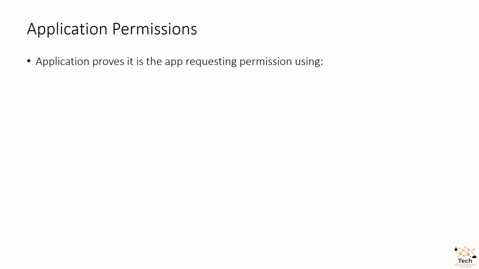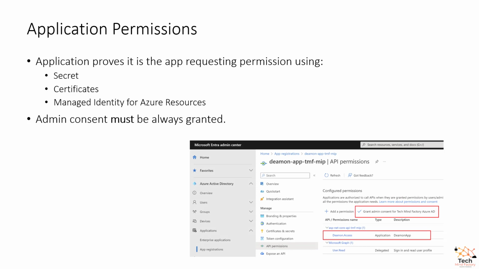So application permissions: it is the app requesting permission using secrets, certificates, or managed identity for Azure resources. Yes, as I mentioned before. So in this case, we can decide how to do it. Obviously, the recommended way is to use managed identity for Azure resources when possible. Certificates are also a secure and recommended option.